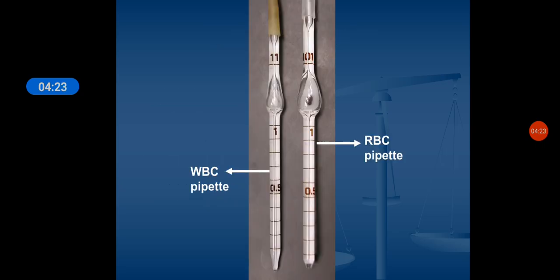Markings are also important. For the RBC pipette they are 0.5, 1 and 101, whereas for WBC they are 0.1, 1 and 11. From here itself you can differentiate. The RBC pipette has a bigger bulb compared to the WBC pipette.